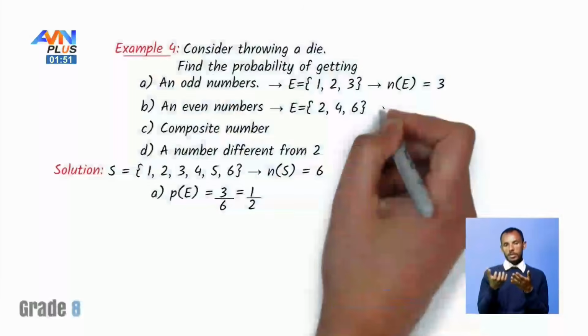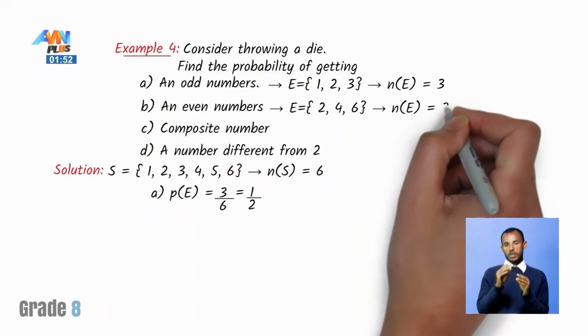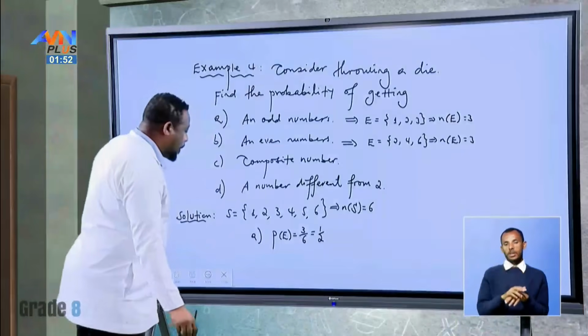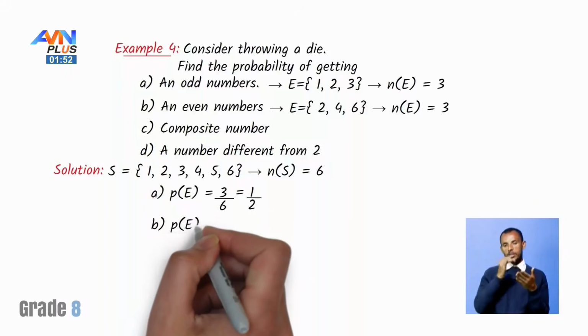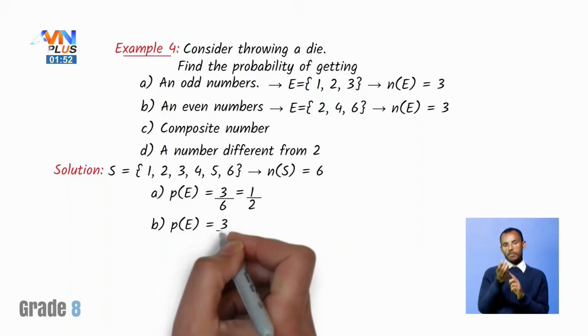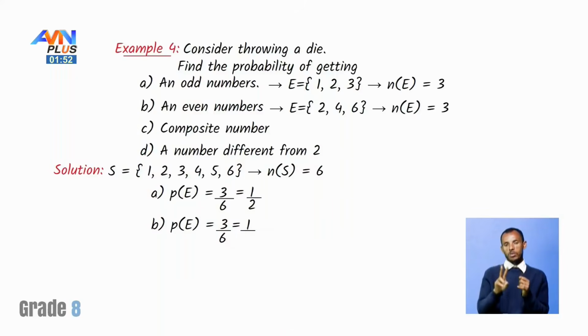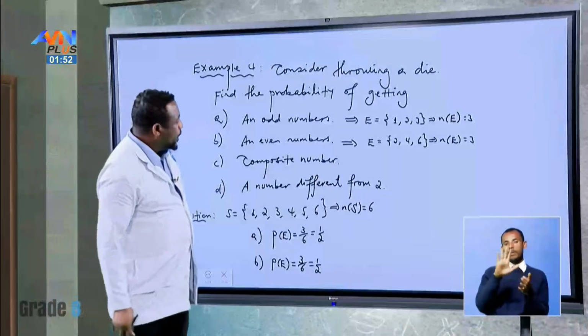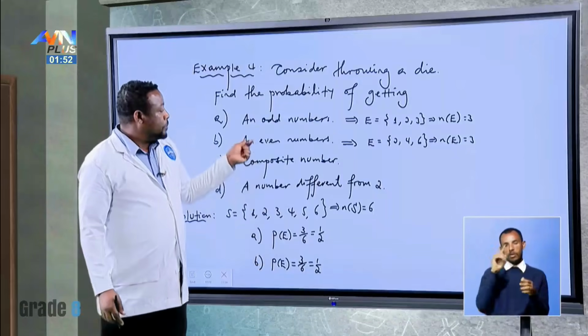So the cardinal number of set E is 3. So the probability for the second statement is 3 over 6 or 1 over 2, or 0.5 in different ways. So this is the probability for the statement in B.